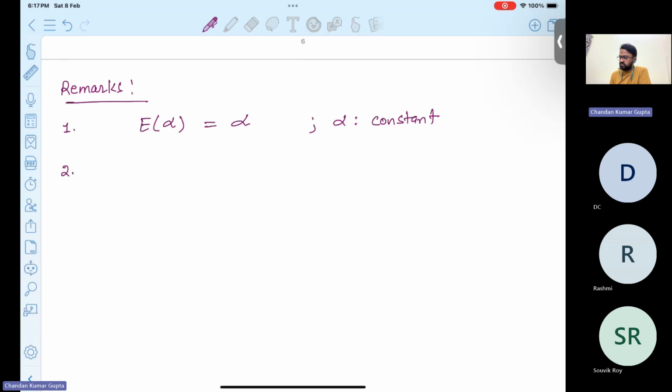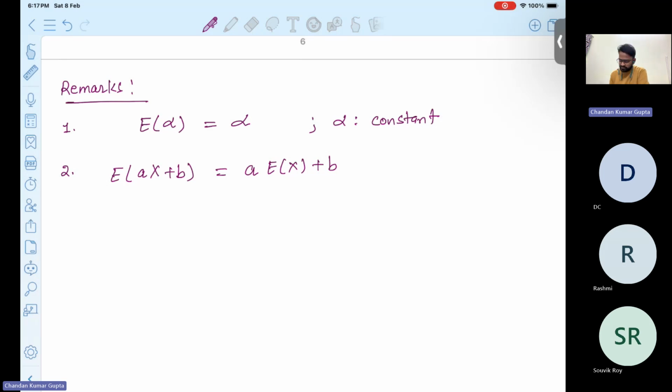And the second remark is, suppose the expected value of x is given. Then the expected value of ax plus b is defined as a times the expectation of x plus b. So expectation holds the linear property. Here we can see this.